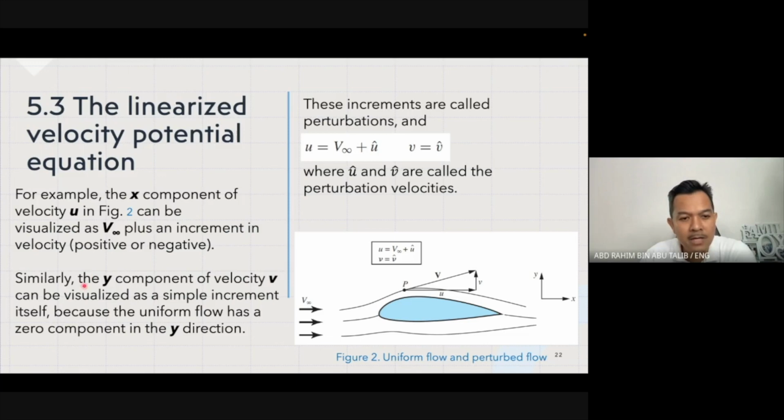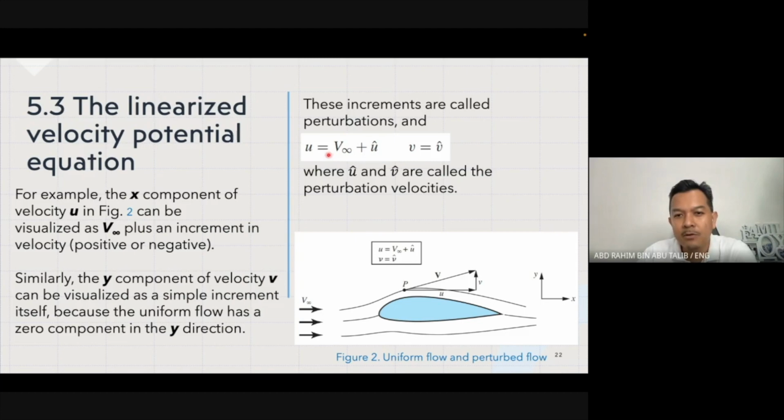Similarly, the Y component of velocity v can be visualized as a simple increment itself, because the uniform flow has a zero component in the Y direction. These small increments are called perturbations.